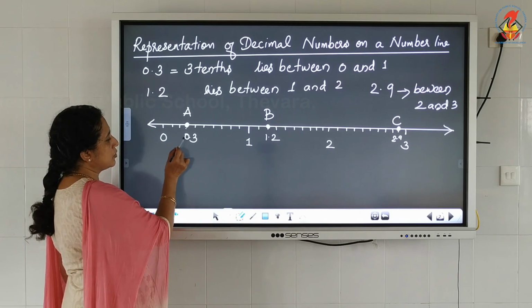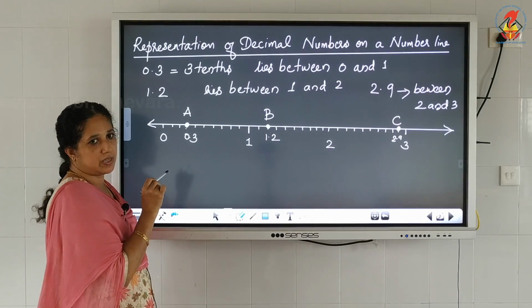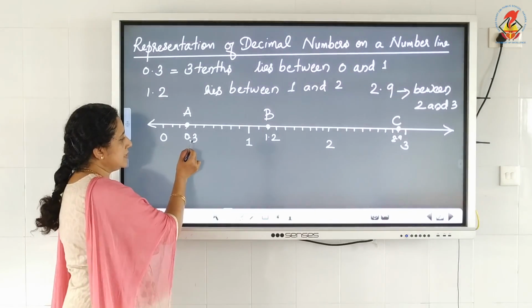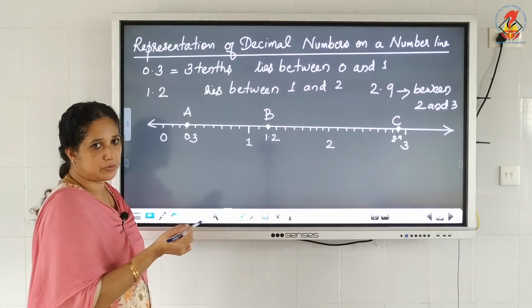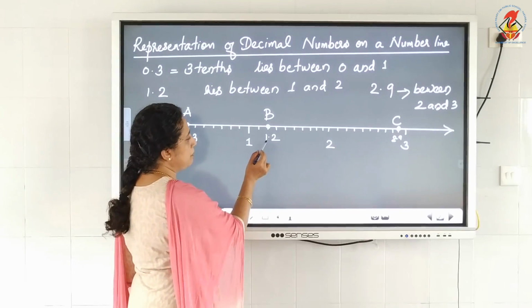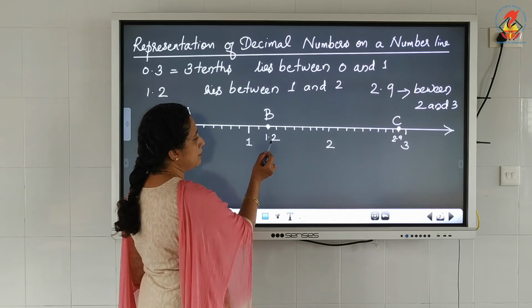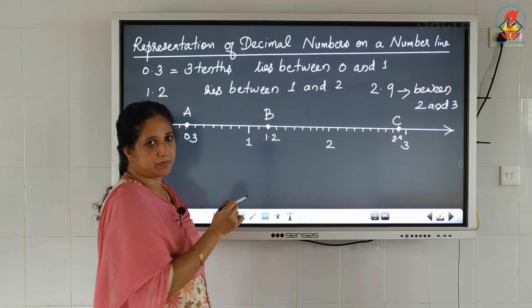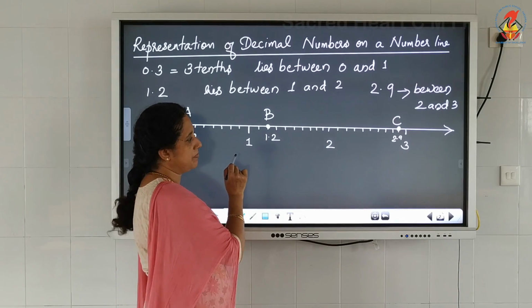You can see that 0.3 is more close to the whole number 0. Which whole number is 0.3 nearer to? 0. Now similarly, 1.2 lies between 1 and 2 and it is more close to the whole number 1.